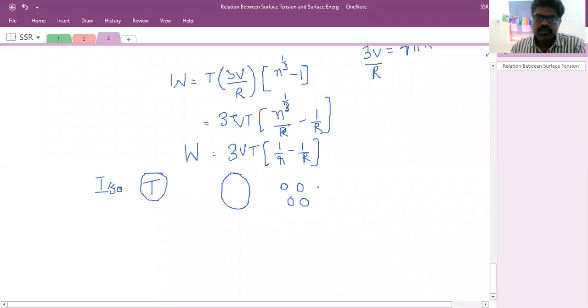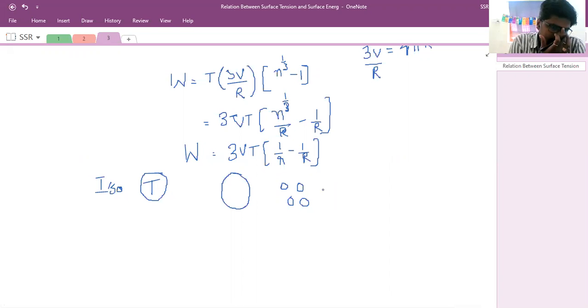That means work is done by an external process, by means of external energy, on the bigger drop to divide it into smaller drops. Then the surface energy increases. So if the splitting process occurs isothermally, temperature is constant, no doubt. If the splitting process happens adiabatically.